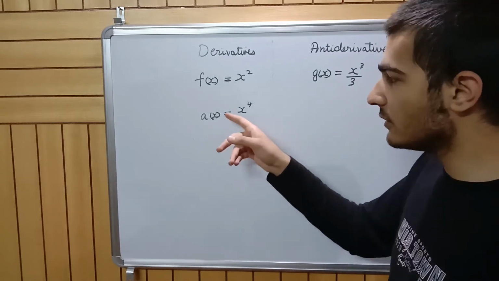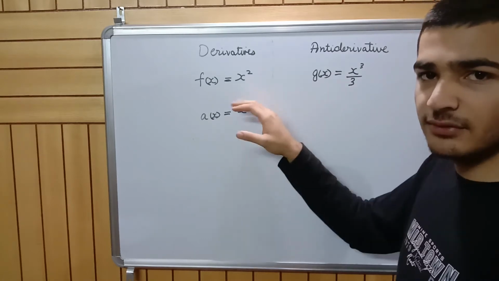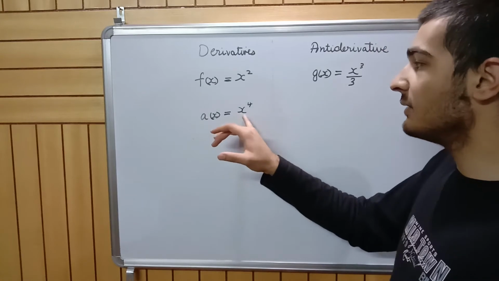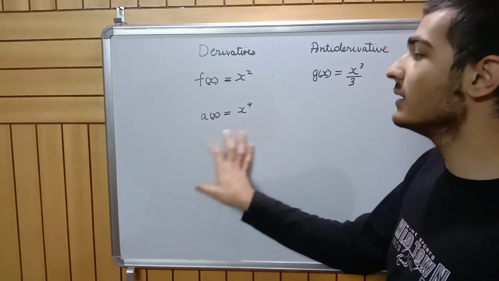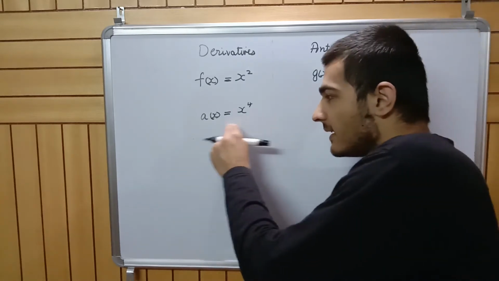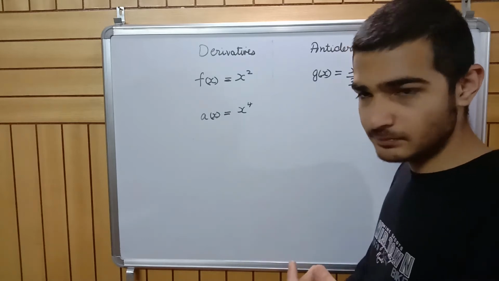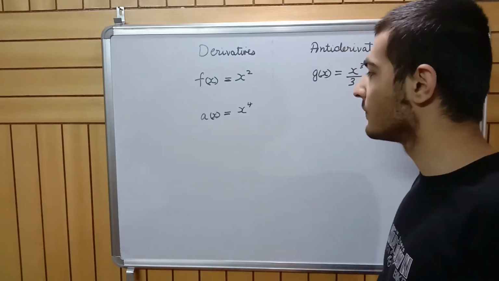What you have to find first is the indefinite integral of this, which we've spoken about in the previous video. If I have to find the indefinite integral or the antiderivative of this, what do I think of first? Whose derivative is this whole expression? Whose derivative is x raised to power 4? That function will be its antiderivative.